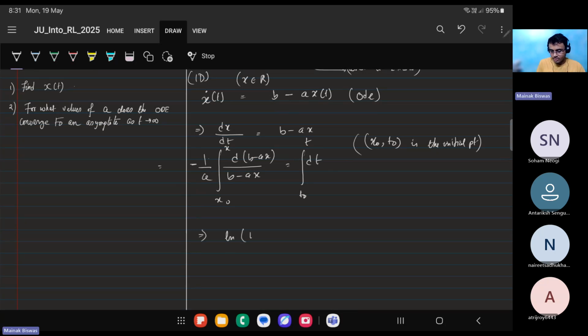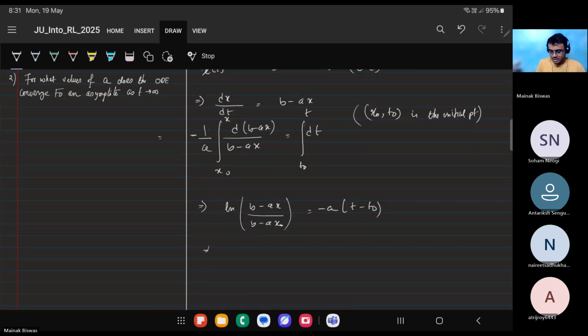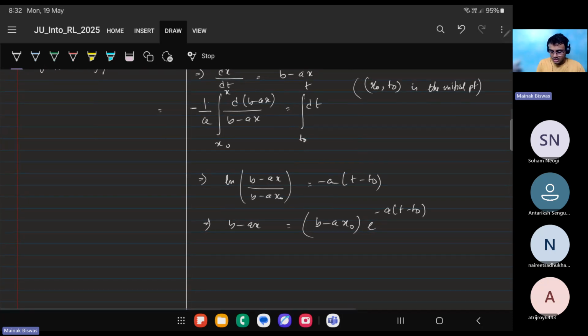So log of B minus Ax. Yeah, question? T minus t naught equals minus 1 by A log of (B minus Ax) over (B minus Ax naught), so B minus Ax is equal to (B minus Ax naught) e to the power minus A(t minus t naught).